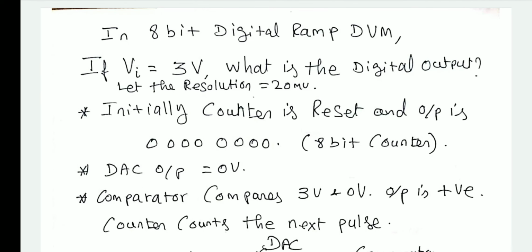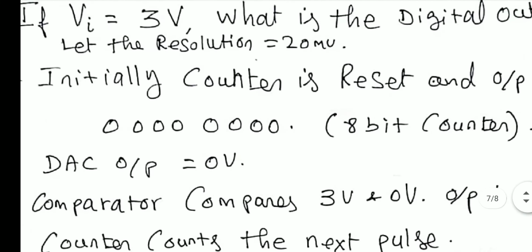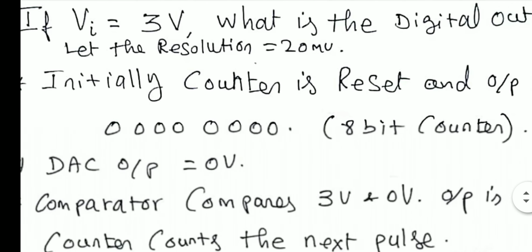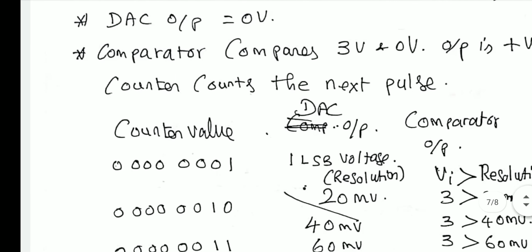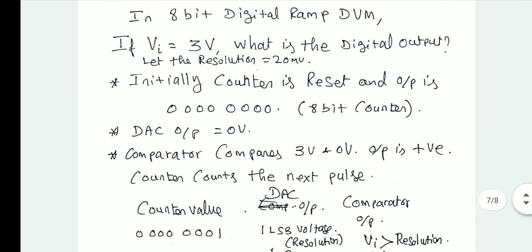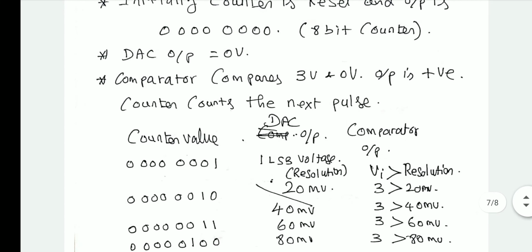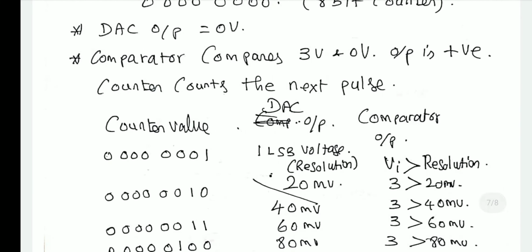In the case of an 8-bit digital ramp voltmeter, the counter initial value will be 8 bits, 8 zeros. Okay, and the maximum value may be 8 ones, that is nothing but 255, right? And suppose your unknown voltage is 3 volt, the same concept you can extend.